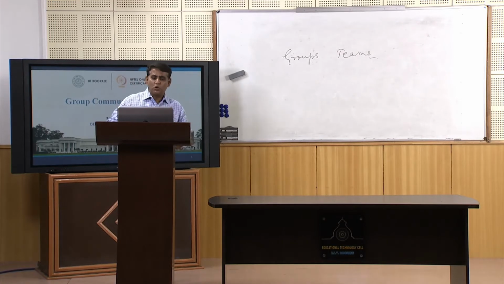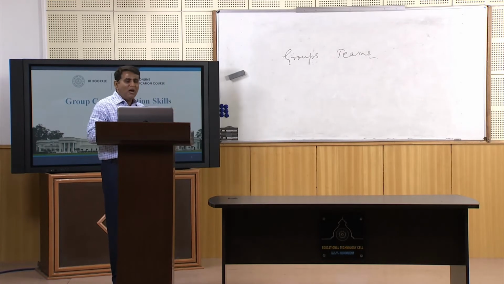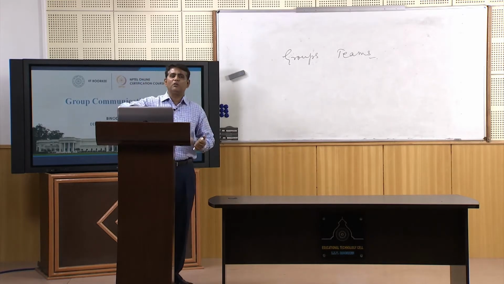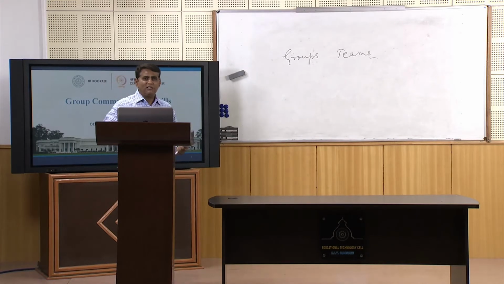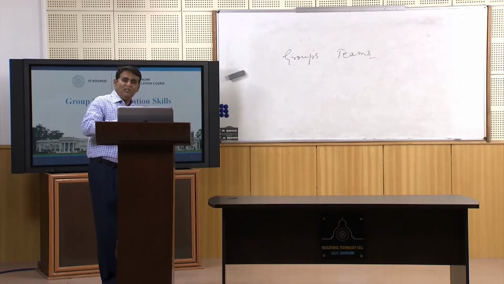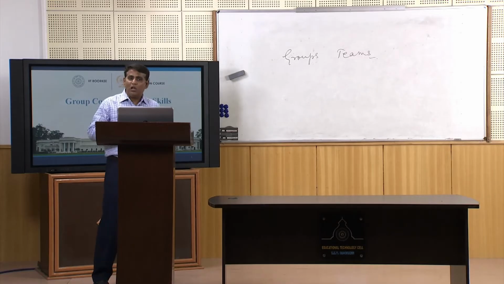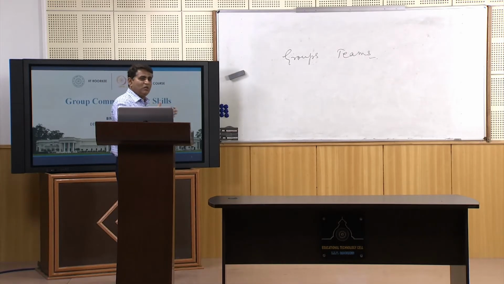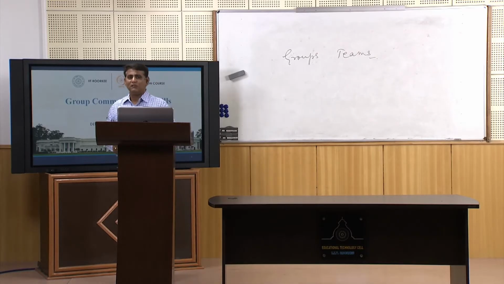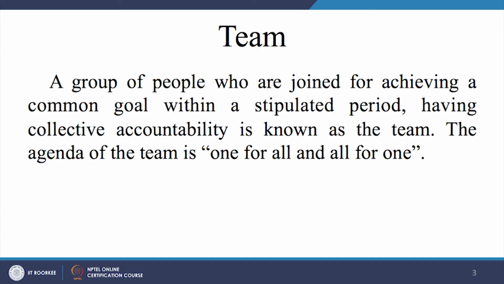But then when we talk about a team, as a group you are going to have some sports festival, fine. But then in a group you also divide the group into certain teams. So a team is a group of people who are joined for achieving a common goal within a stipulated period.